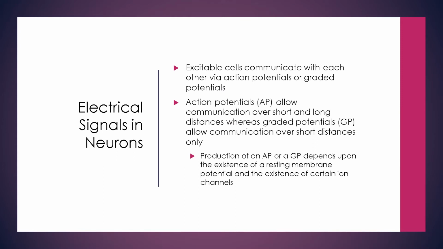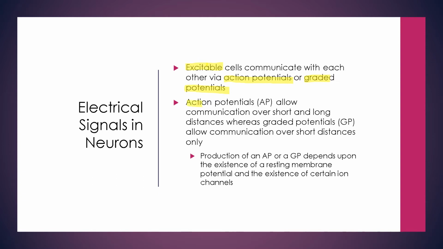Now remember that like muscle cells, neurons are electrically excitable. So they communicate with one another using two types of electrical signal. These are going to be action potentials or graded potentials. Both are actually considered to be nerve action potentials.